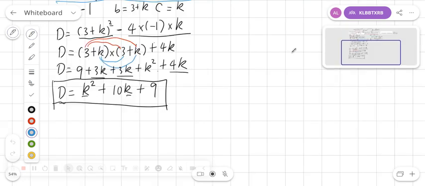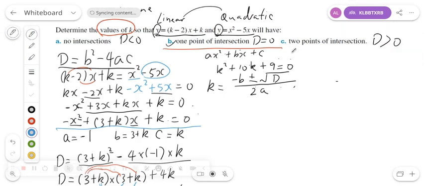So in this case, we are going to determine the discriminant again. So instead of the first discriminant, we can label it discriminant 1 instead of just discriminant. So in my case, we can say a equals the number in front of k squared, which is 1. b is the number in front of k, which is 10.